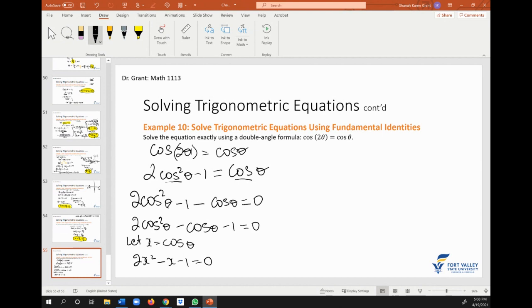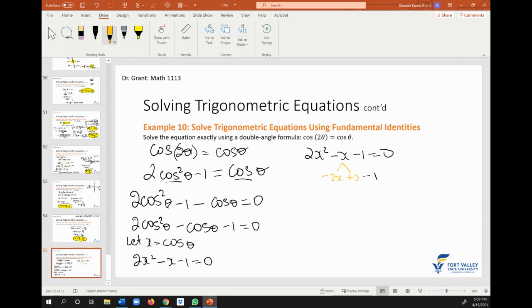I'm looking for two numbers that multiply to give me negative 2 and add to give me negative 1. So if I rewrite this, that's going to be 2x squared plus x minus 2x minus 1.